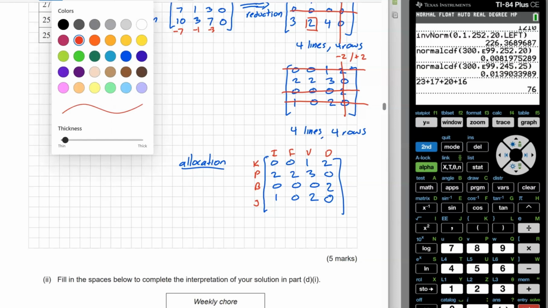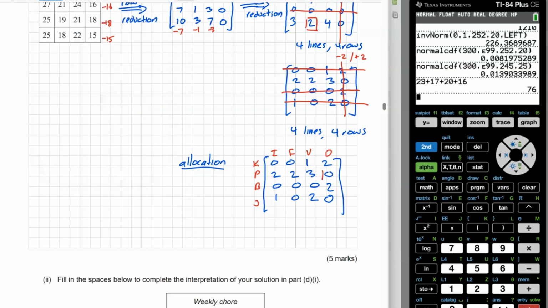Now we're looking for anyone that only has one 0 on a particular row, or it doesn't matter, it could be column. In this case, we're going to allocate Paula to the dusting as a 0, and then anyone else that had a 0 on the dusting, we're just going to put a cross through. Because I did just cross out Joe doing dusting, it means that he now has to do the folding, because that's his only allocation with a 0 on it.